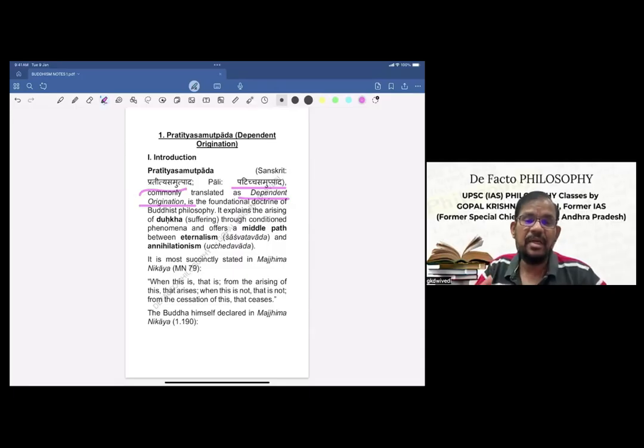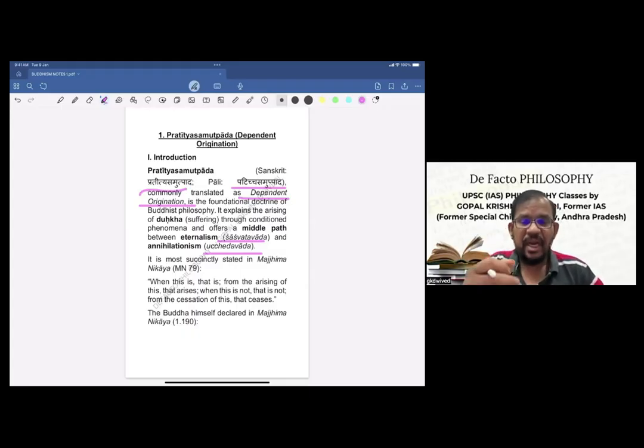It explains the arising of dukkha through conditioned phenomena and offers a middle path between eternalism and nihilism. So Saswatvad and Uchedvad, as we have already seen, it offers a middle path, because it neither claims permanence nor claims non-existence. So basically, it is in between.